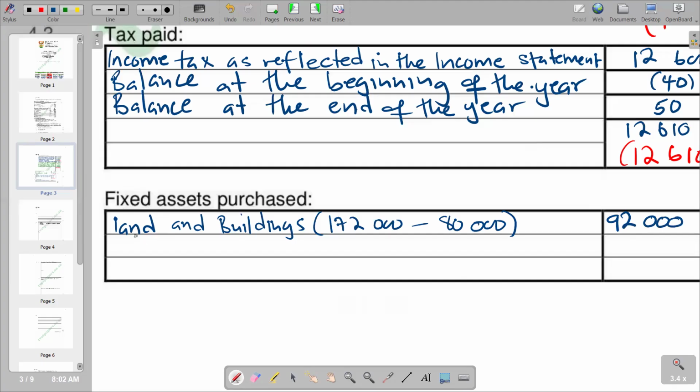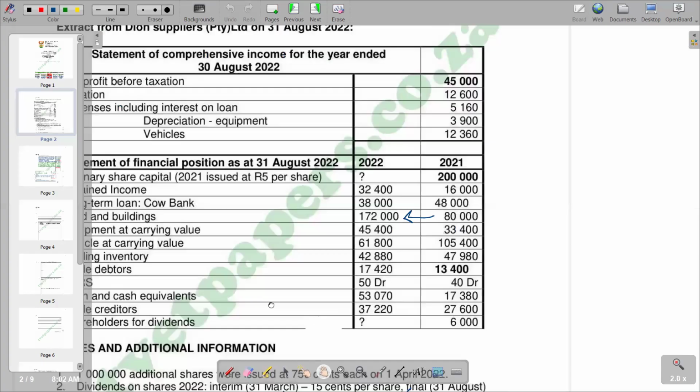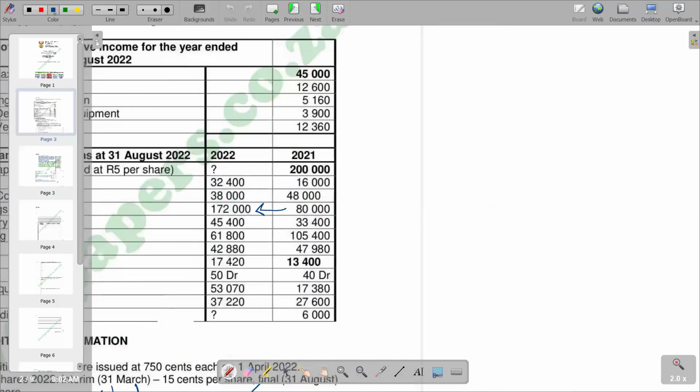Then if you check the other non-current asset that was purchased, we bought equipment, but for equipment we are given carrying values at the beginning and at the end. So when we are given carrying values and you want to find the amount that was purchased, the formula that you are going to use is carrying value at the end, add depreciation for the year for that asset.